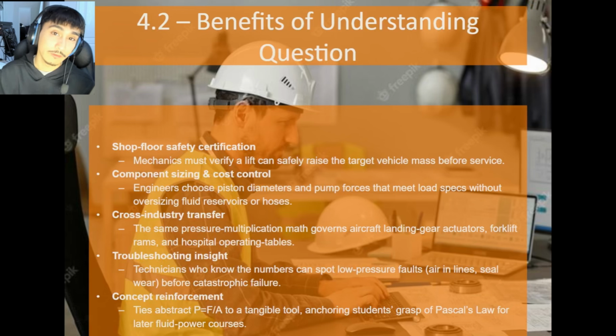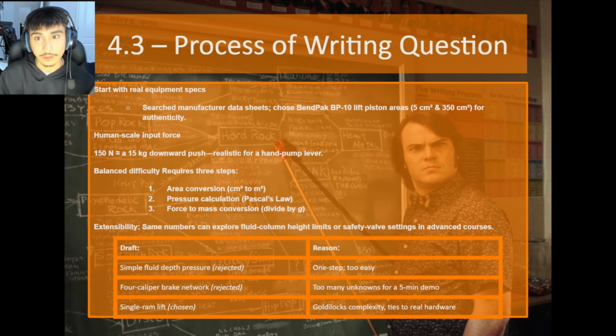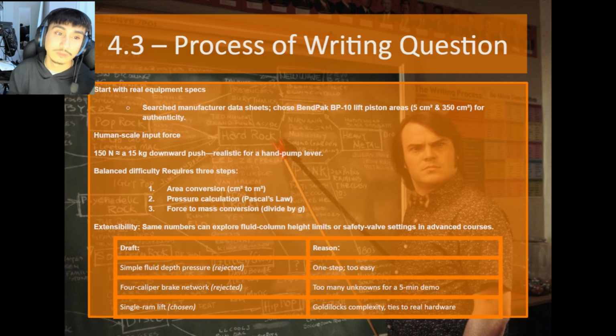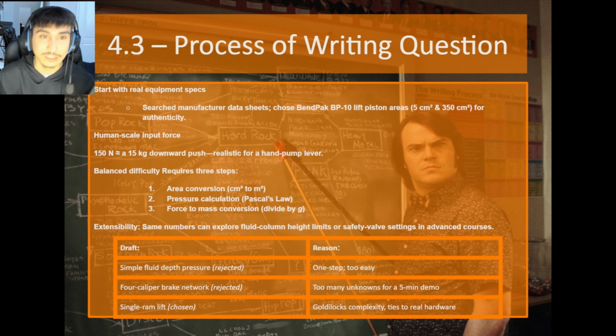So for my final slide, pretty much we've developed our question carefully, choosing realistic variables that reflect real-world applications of hydraulic multiplication. So through this process, we've avoided overly simple and overly theoretical examples in our presentation.